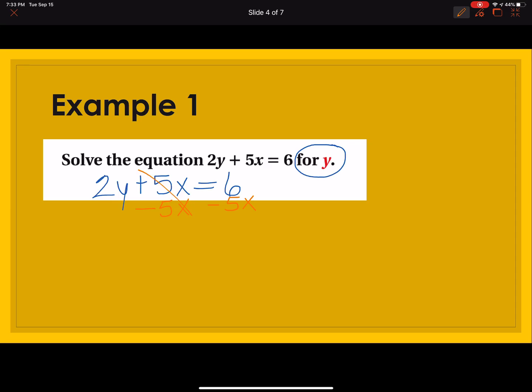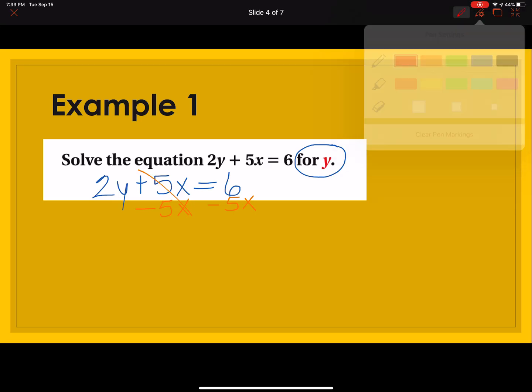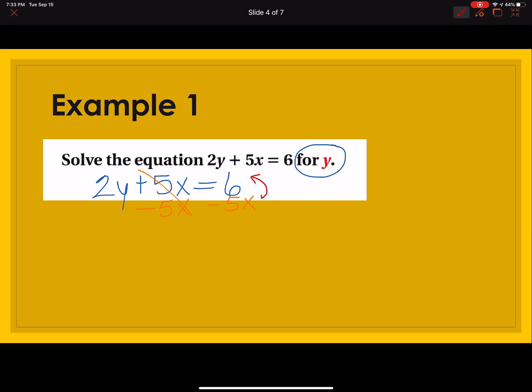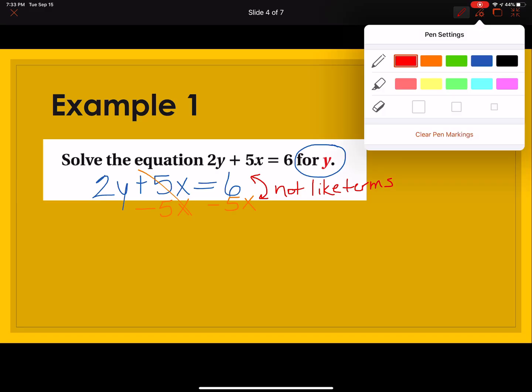Now, 6 and 5x are not like terms, so I cannot combine them. Want to make a note there, not like terms. 6 is a constant, 5x has the variable, negative 5x has the variable, so we cannot put them together.